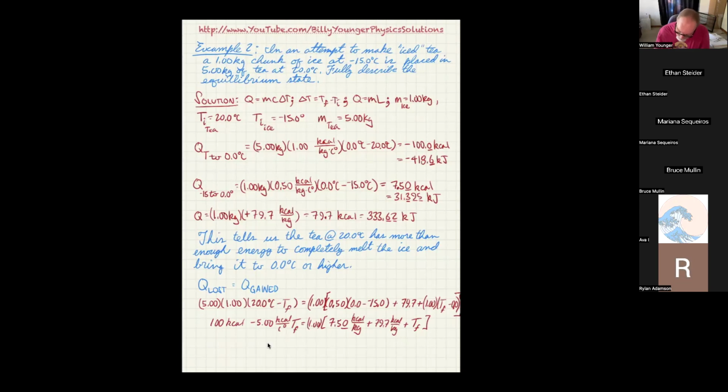So what I'm going to do is add 5.00 TF to both sides. Okay. And I'm going to subtract 7.5 and 79.7 from both sides.